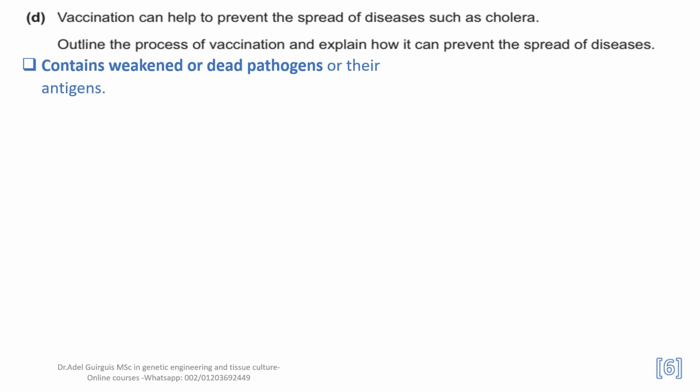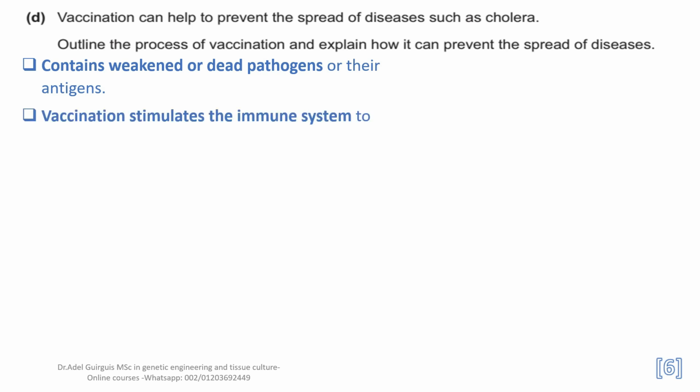A vaccine may contain weakened or dead pathogens or the antigens of the pathogen. Mainly the vaccine may be a weakened, attenuated pathogen, a dead pathogen, or their antigens found on the surface.